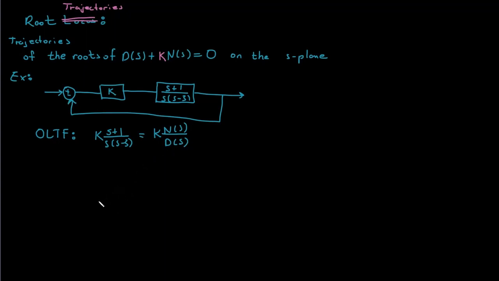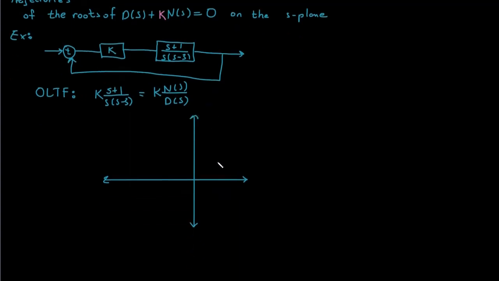So let's try to sketch the root locus, and I will start by plotting the axes of the s-plane. Let's start by placing the open loop poles and open loop zeros.